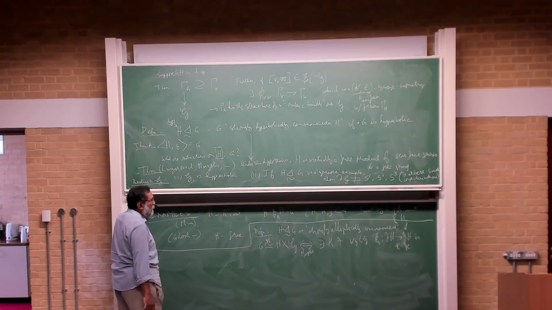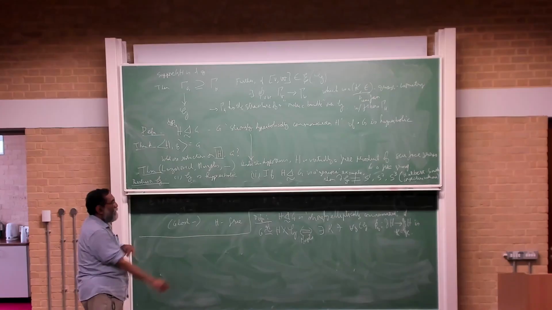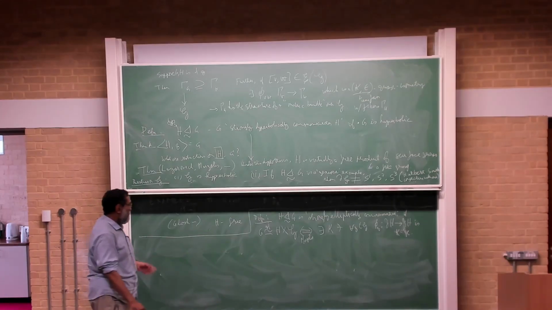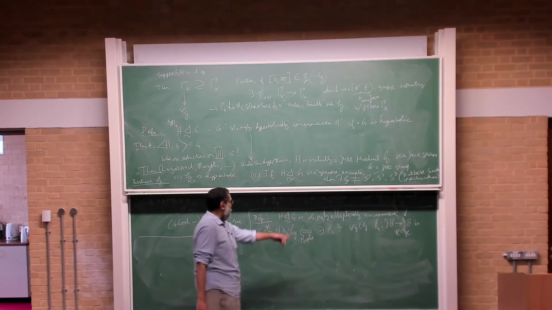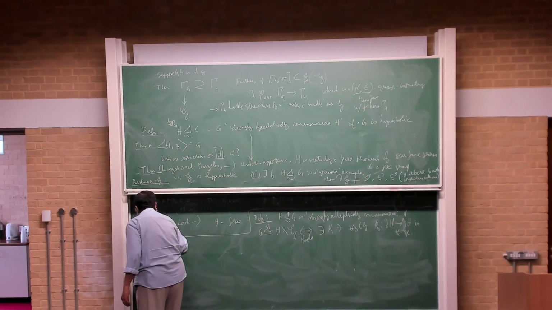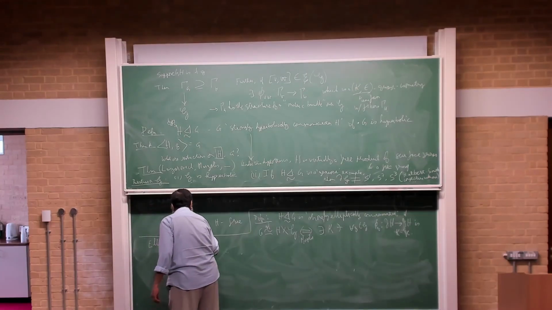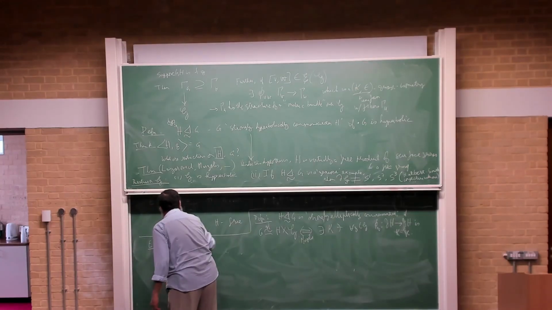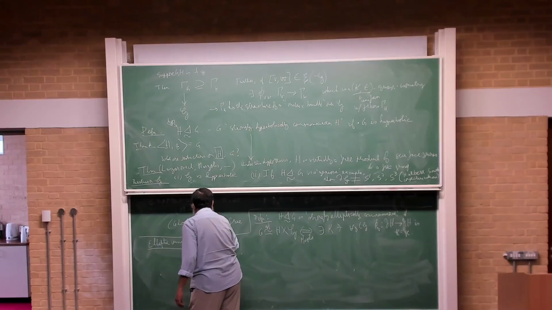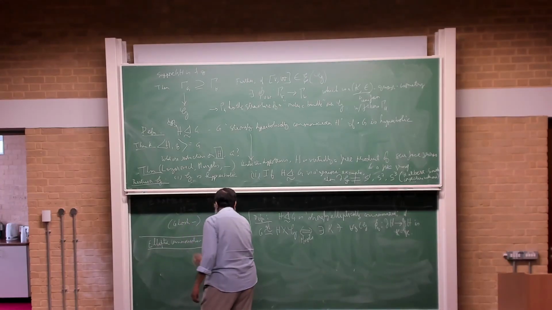And curiously, elliptic commensurations are really a thing due to Margulis.